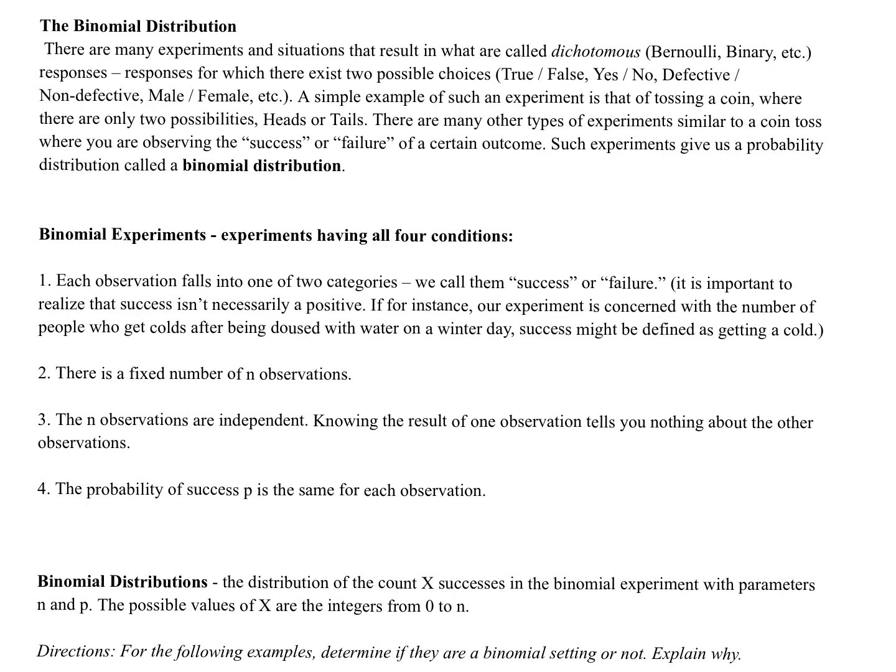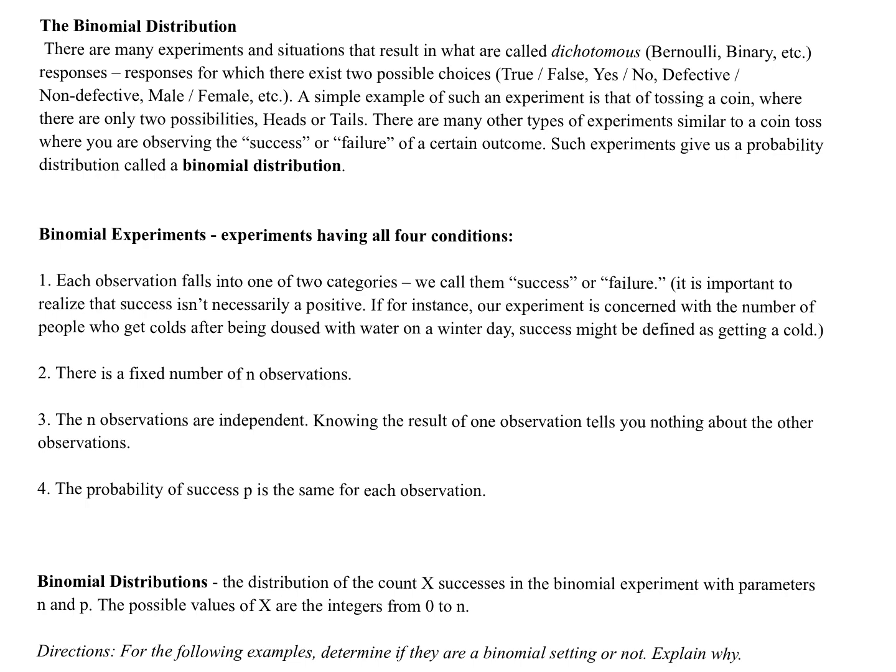The second is that there has to be a fixed number of n observations. The third is that the n observations are independent. So knowing the result of one observation tells you nothing about the other observations. And lastly, the probability of success p is the same for each observation.